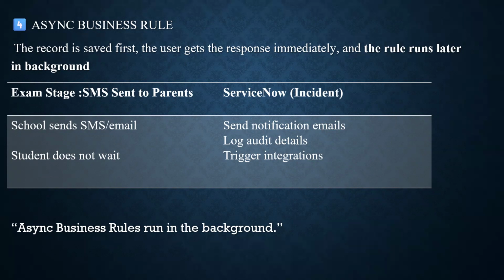After that, the data is saved, then the after business rule executes. Then after the marks, the result will be sent via email or SMS. The student does not need to wait because the SMS will come. We can compare the same with the ServiceNow incident form: send notification emails, log audit details, trigger integrations.